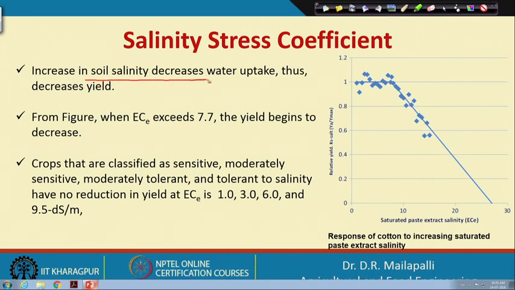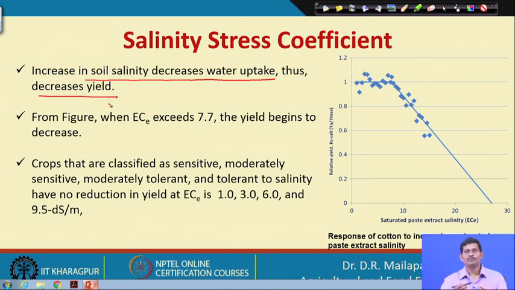Increasing soil salinity decreases the water uptake, as I mentioned before, and thus decreases the yield. Once the plant is not able to extract or pull water from the soil, the plant shows water stress, which definitely influences the yield. So, that results in a reduction in yield.